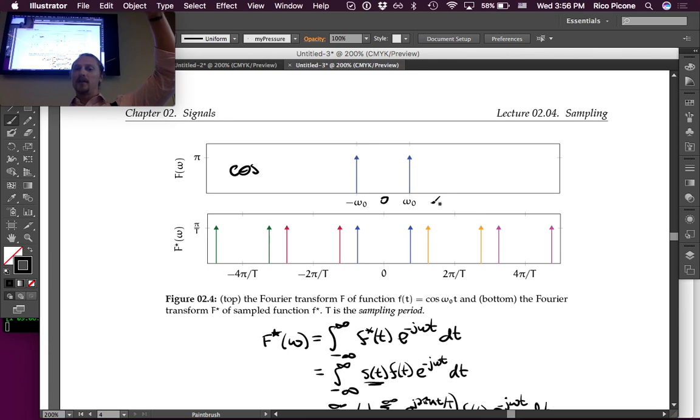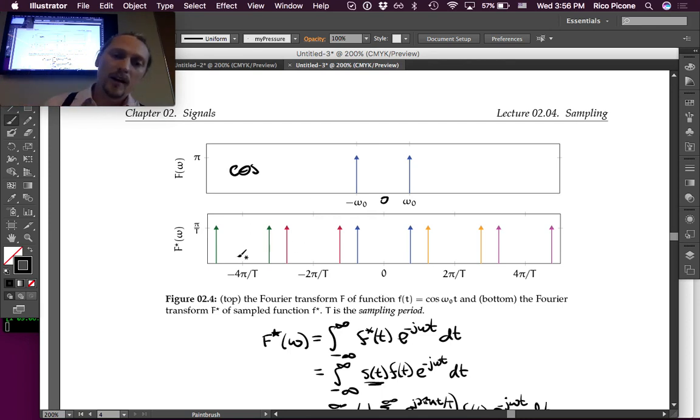The period of cosine function is related to this omega naught. But you can specify the sample. You can sample a cosine at any frequency that you want, right? So what you do is at every 2 pi over t, you have a copy of that cosine spectrum that shows up. So that's why I have this color coded like that.